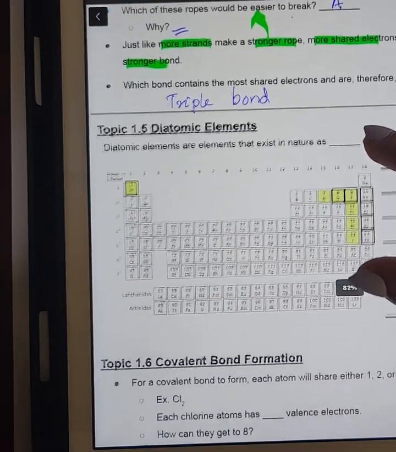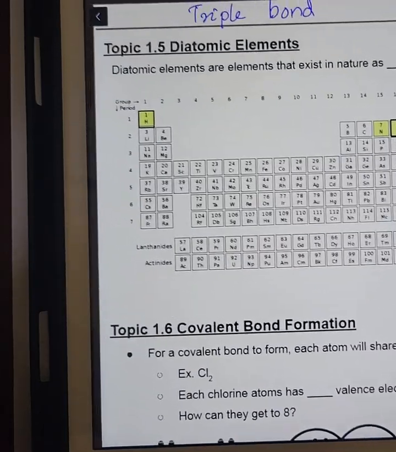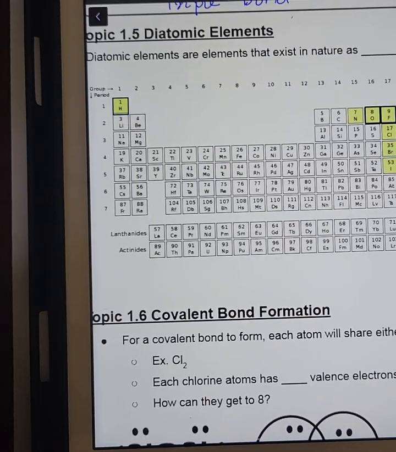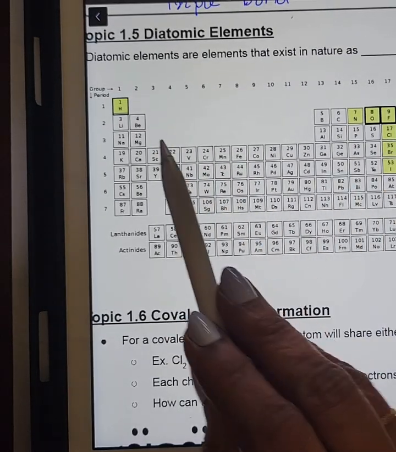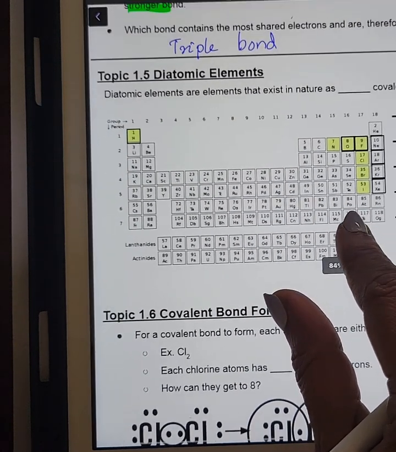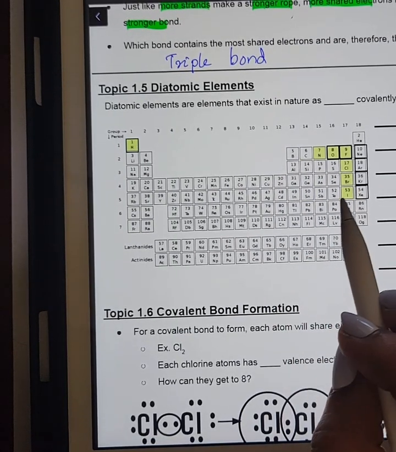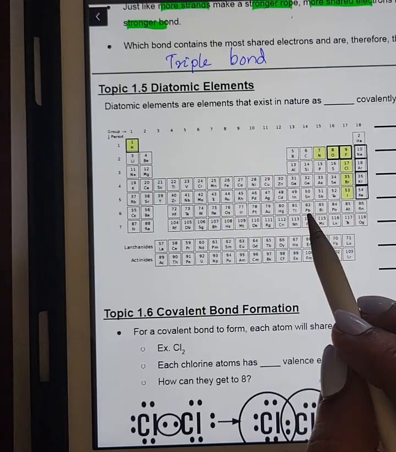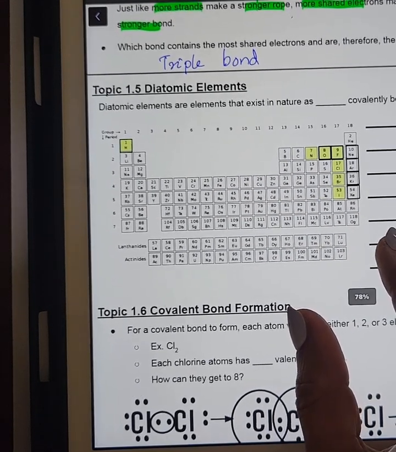Now let's go to the periodic table again. So remember when we colored the periodic table, we labeled them. So we wrote these 7 elements. Okay. These 7 elements are called diatomic because they always exist in nature as covalently bonded atoms.